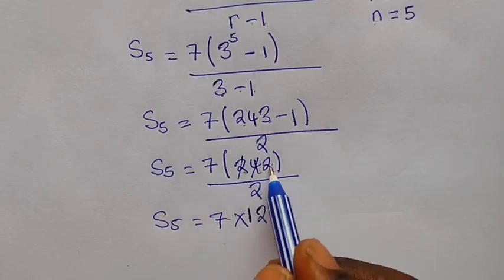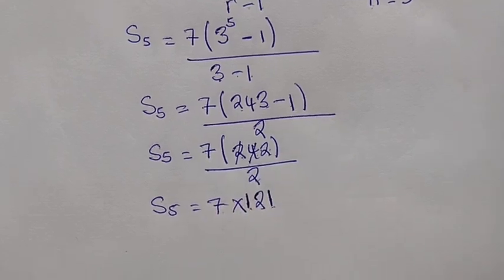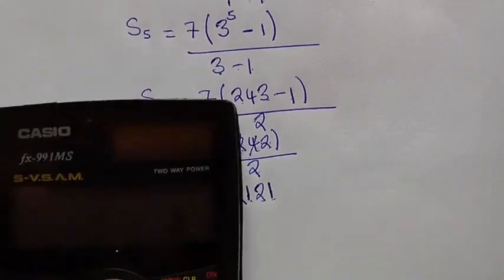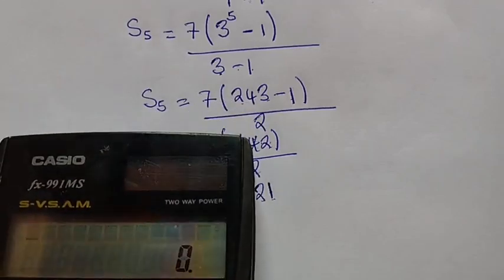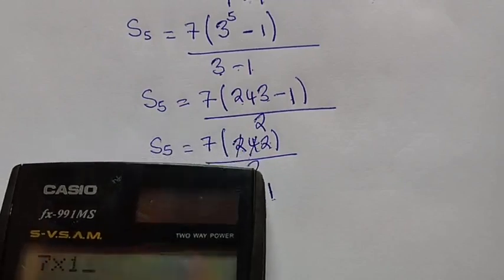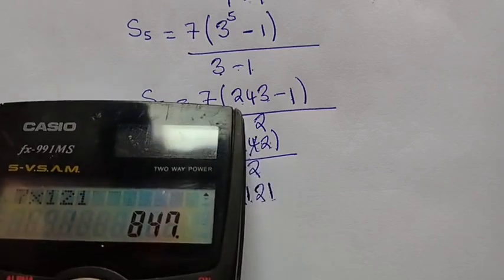So 2 into 242 gives 121. So 121 times 7, you need to get your calculator because this is paper 2. 7 times 121 will give us 847.